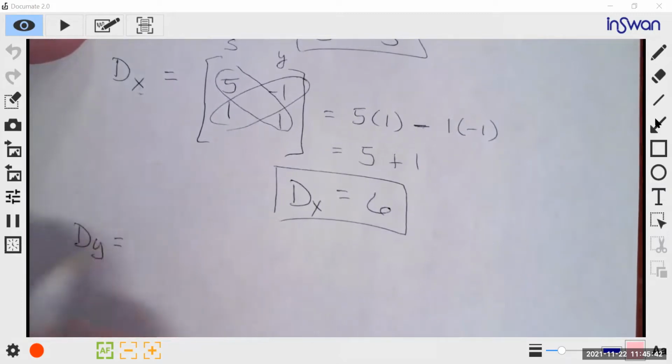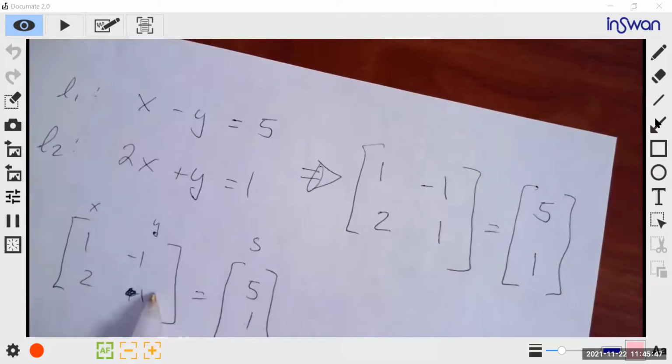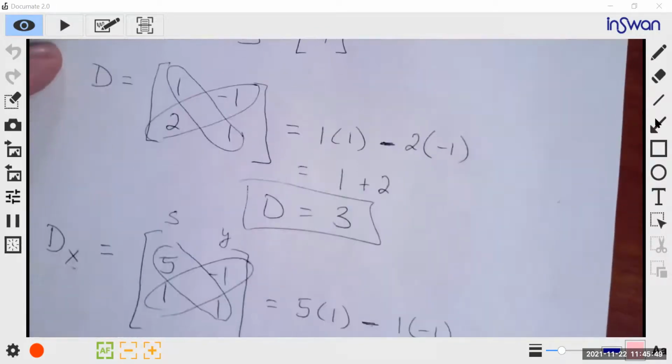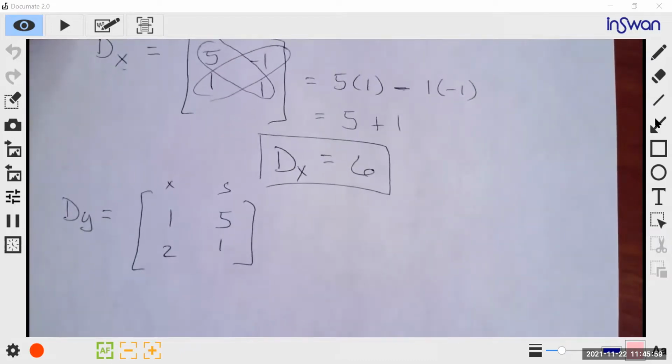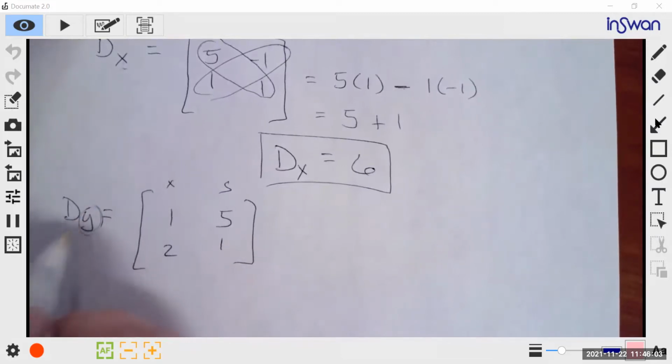Would it be the other way around for the y? Yes. So I put the solution in place of y, leave the x alone. Whatever the subscript is, that's the column you replace with the answers.